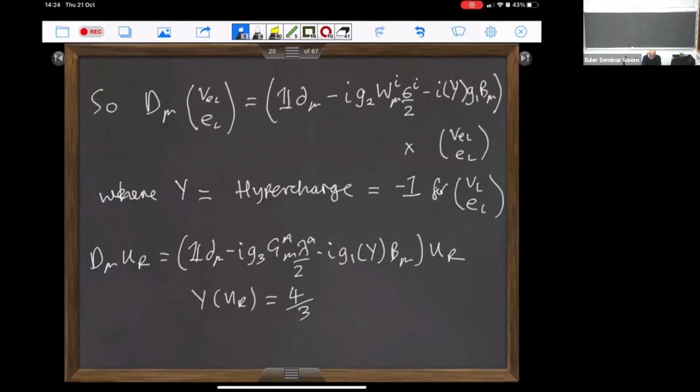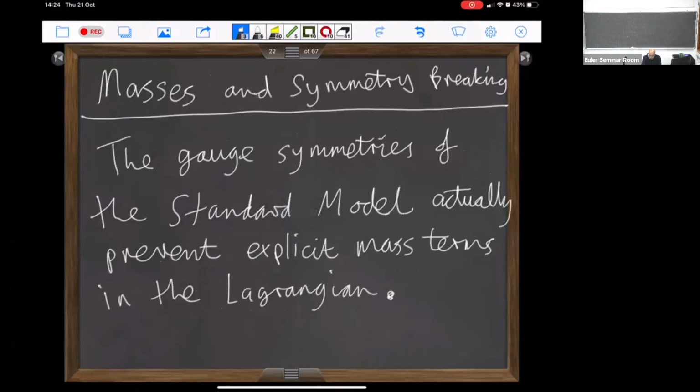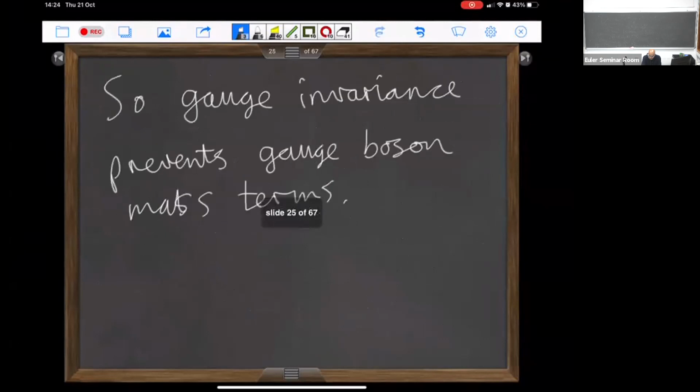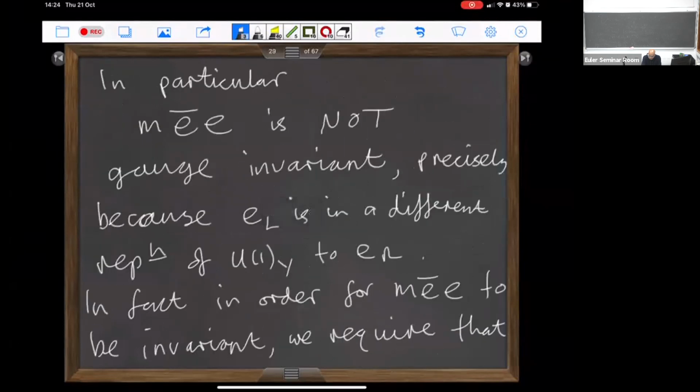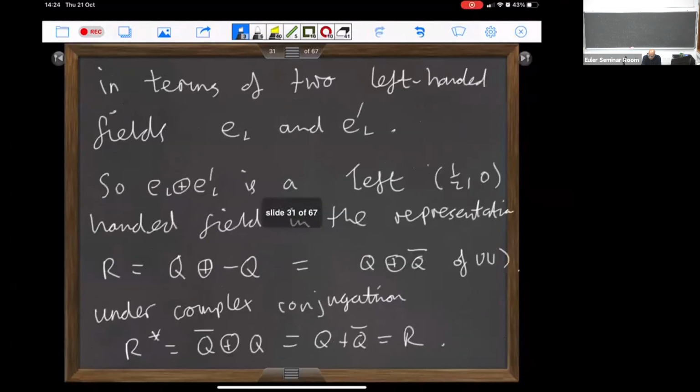So in other words, the QCD part of the standard model, the SU3 part, is not chiral, whereas the SU2 times U1 part is chiral. That's the sort of language that we use.